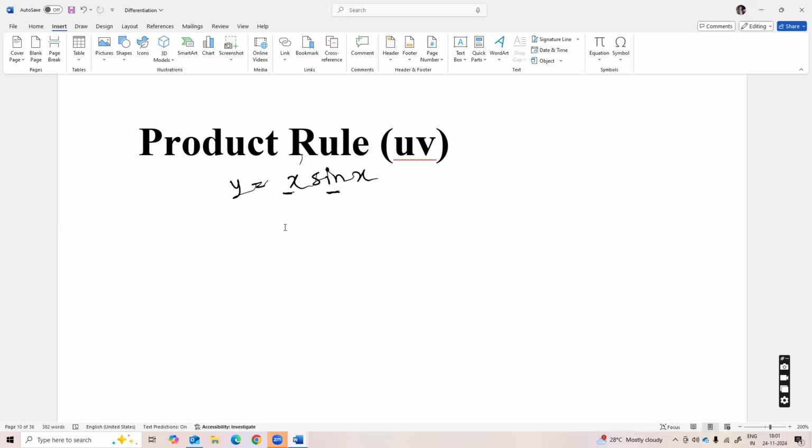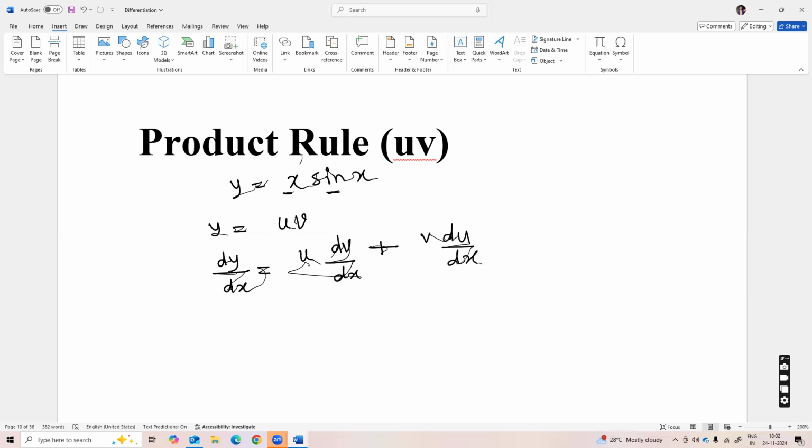Let's say we write y as y is equal to u and v, and both u and v are different functions. So its derivative dy by dx is given as u dv by dx. We'll take u as a constant, take it out, and find the derivative of v. So it is dv by dx plus, then we will take v as a constant outside and take the derivative of u.